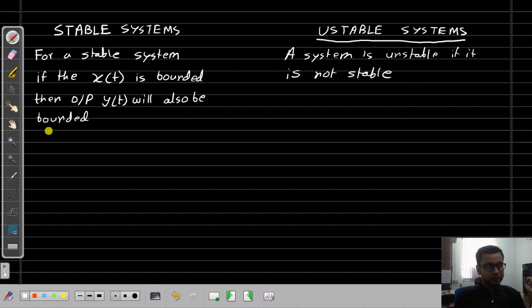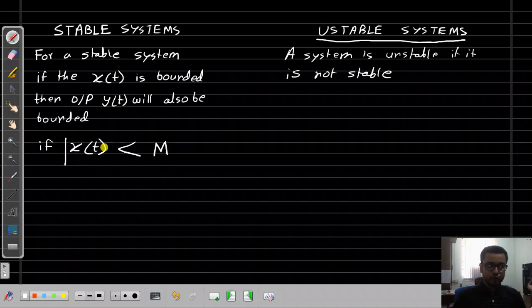Now let me define it a little more precisely, rigorously. We say that the input x of t is bounded if the absolute value of x of t is less than some number, call it m.